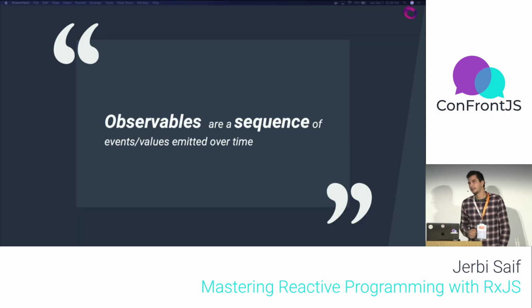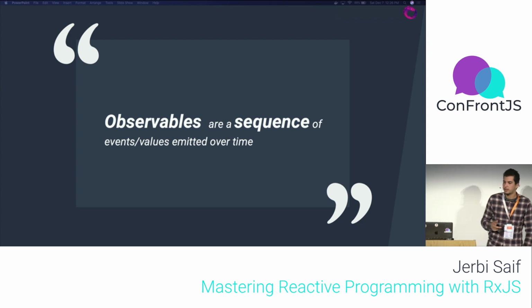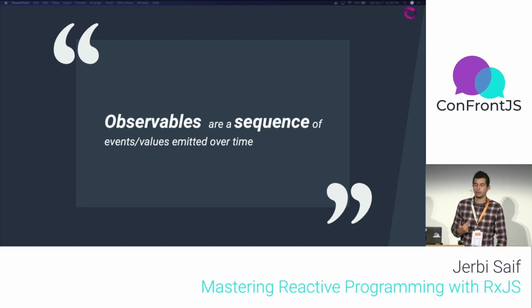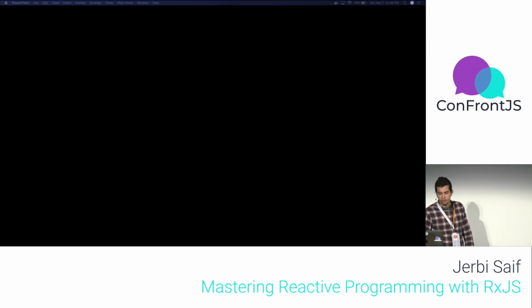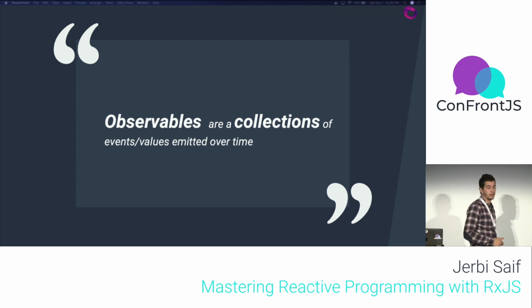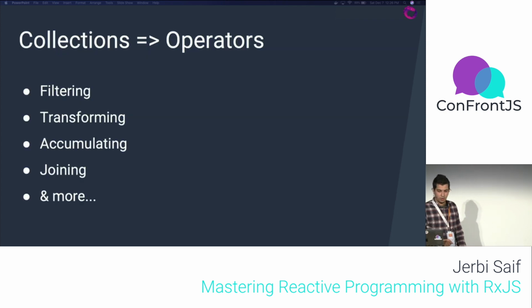I said that observables are sequences of events or values that are emitted over time. When we say sequence, we also say collections. So observables are collections of data or events that are emitted over time. When we say collections, we say operators.